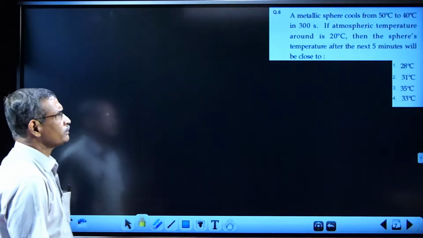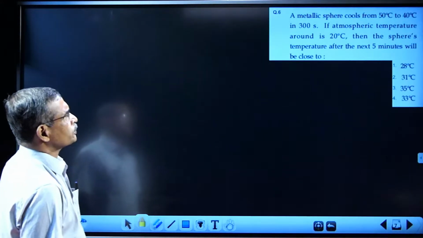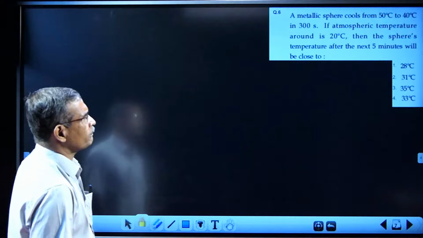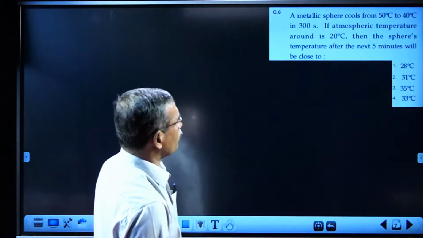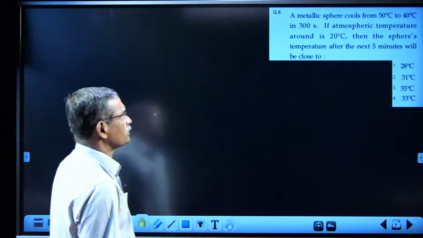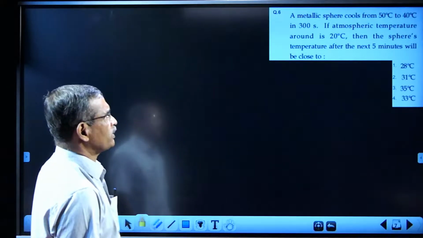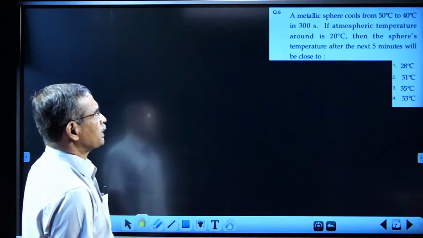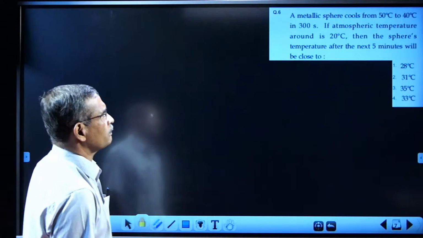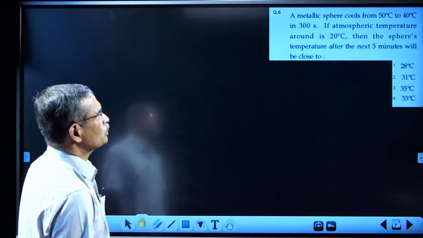Again, a moderate question. Question number 6. A sphere is cooled from 50 degrees centigrade to 40 degrees centigrade in 300 seconds. If the atmospheric temperature around is 20 degrees centigrade, then the sphere temperature after the next 5 minutes will be close to?